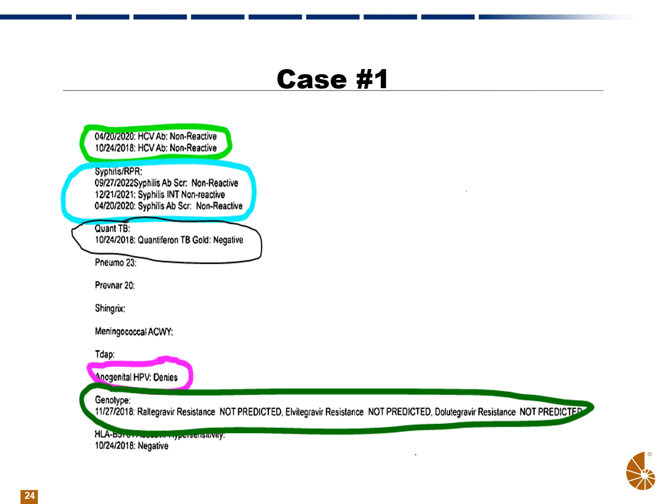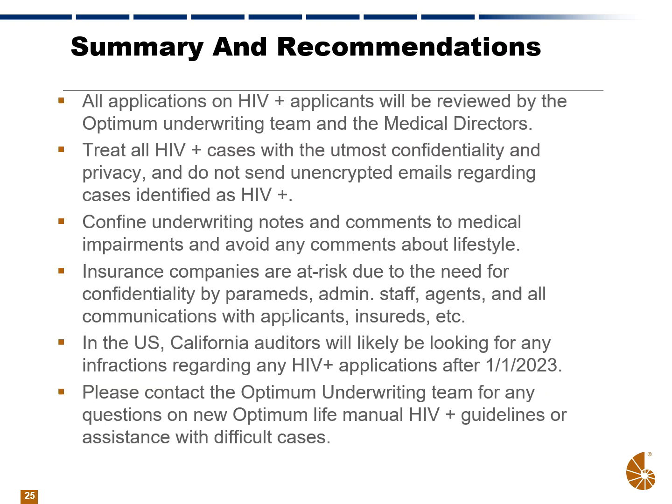You can see that this person had no evidence of prior anogenital HPV disease, and then the particular genotype of the HIV virus was also provided in the thick green circle there. So whoever's treating this particular applicant certainly is on top of checking for co-diseases or co-infections that might be present, and effectively treating the HIV as well as those other diseases.